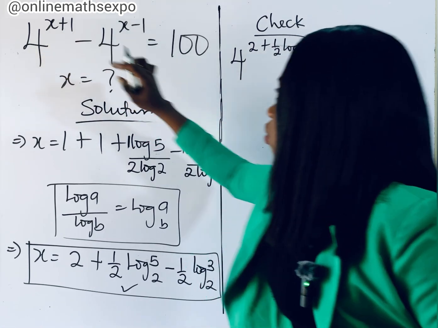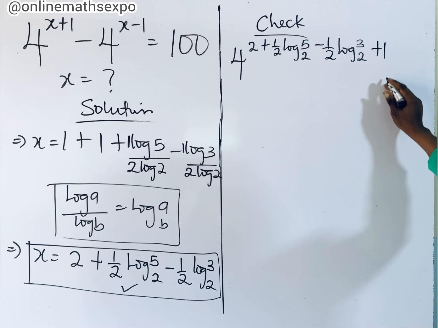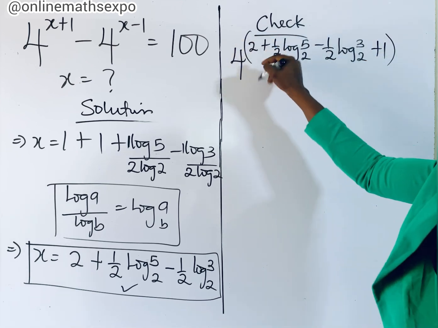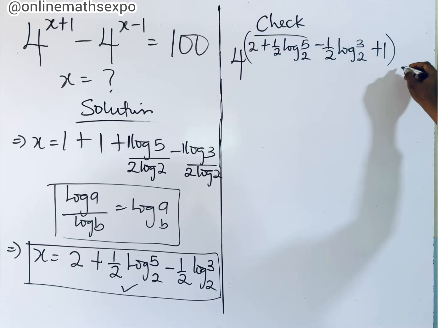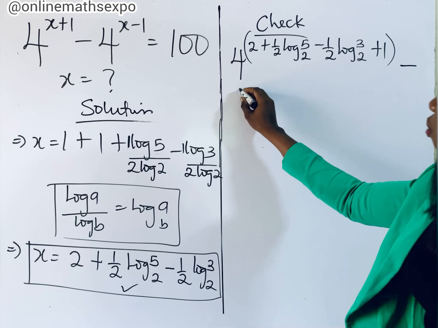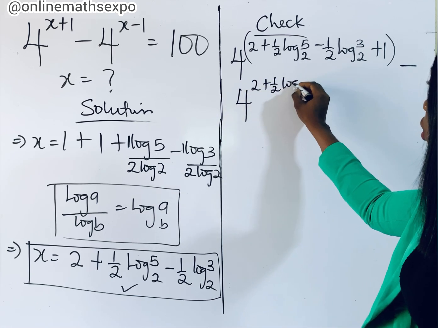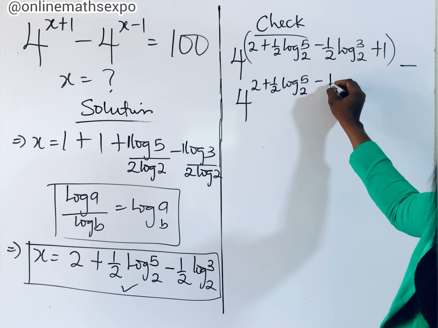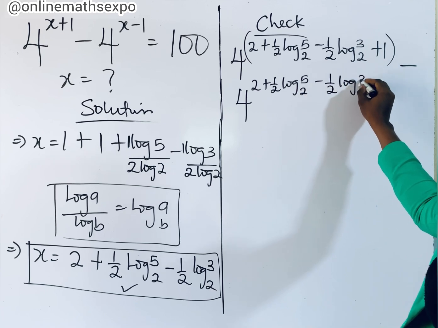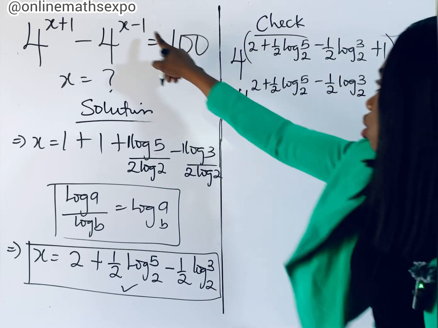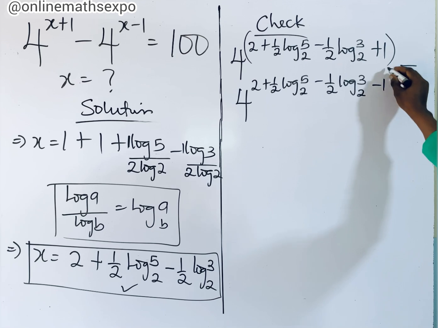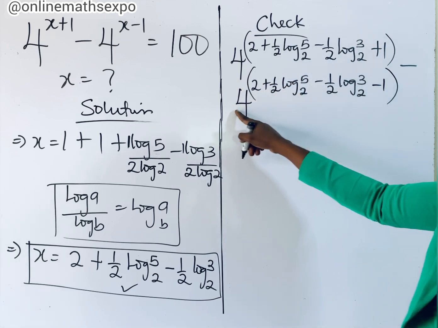Remember that is plus 1, so we add 1 to it. The whole of this is the power of this 4. Then minus 4 to the power of 2 plus half log 5 base 2 minus half log 3 base 2 minus 1. These are the whole power for this.